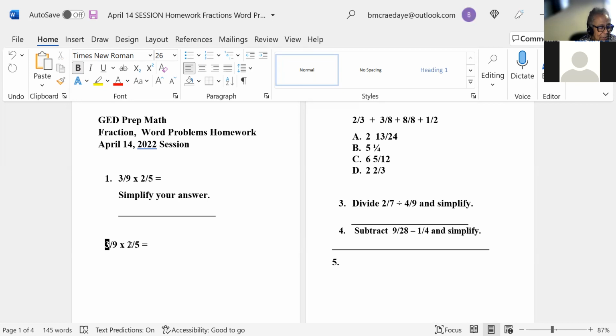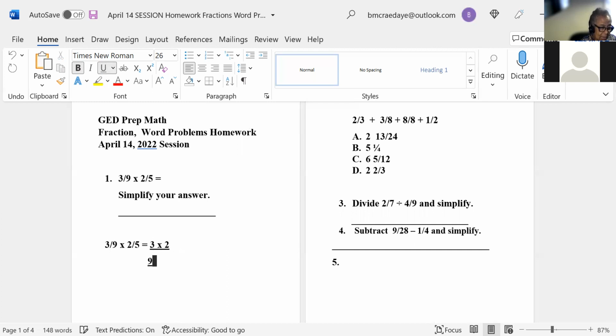That's correct. The numerators are 3 and 2. So we just multiply 3 times 2. 6. And what are the denominators? 9 times 5. So you get 6 over 45.